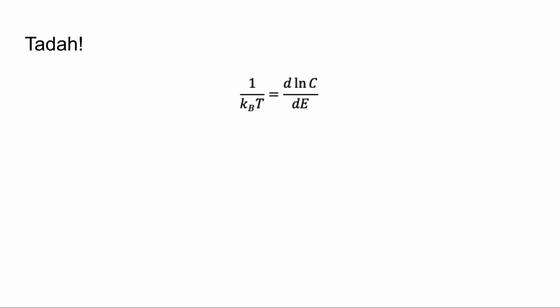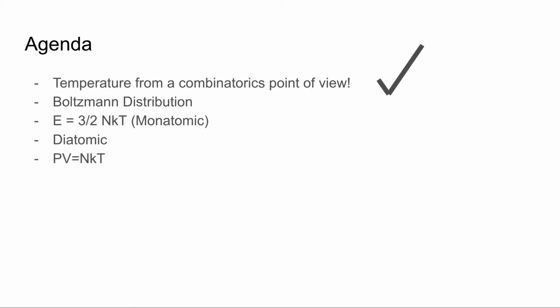It might have been a bit confusing up to this point, but just remember that we started off from the counting of microstates within a macrostate, right? Using combinatorics, and from this combinatorics point of view, we determined that the probability of a macrostate corresponds to the number of microstates that belong to that macrostate.